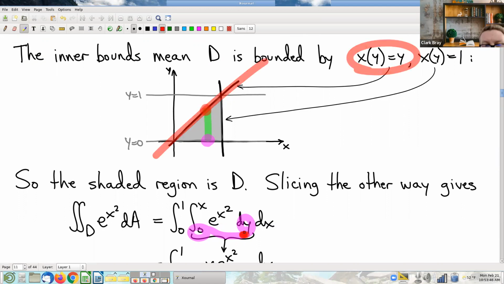I'm looking for y bounds, so we solve for y in that equation, which is not much trouble, and it's x. So we reverse engineered the original domain, then we re-sliced and have effectively switched the order of the integration.